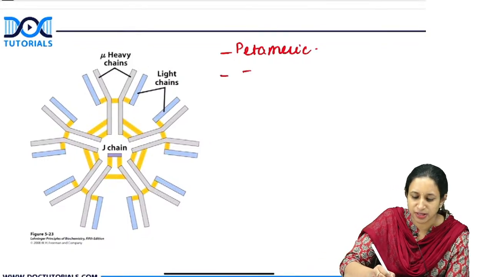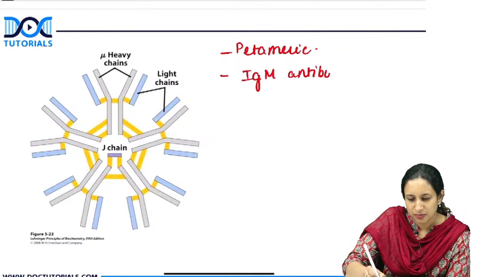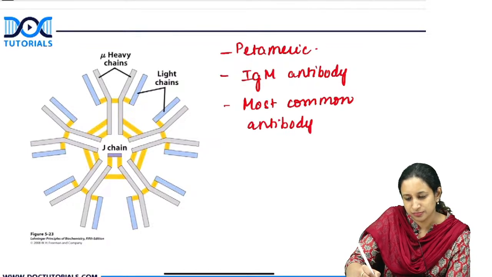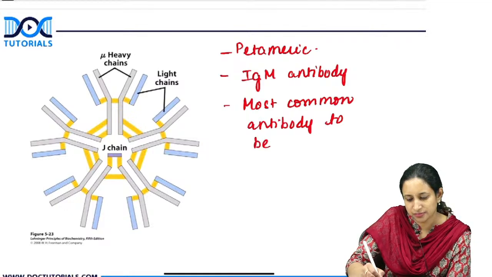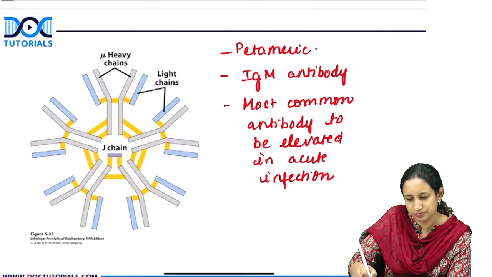It is pentameric, it is IgM antibody. And it is the most common antibody to be elevated in acute infections. It's IgM.